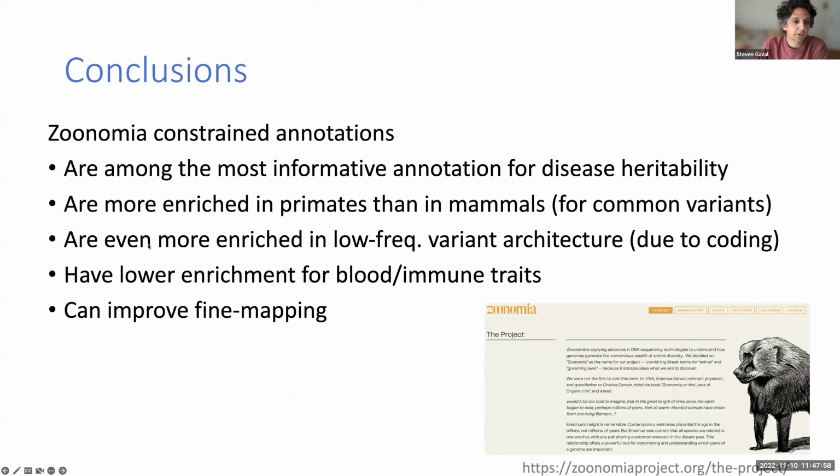We found some patterns of strong negative selection, suggesting higher effect sizes for rare constrained variants. We observed a low enrichment for blood and immune traits, but higher enrichment around genes that are constrained for brain disease. And as an illustration, we show that it can improve fine-mapping.